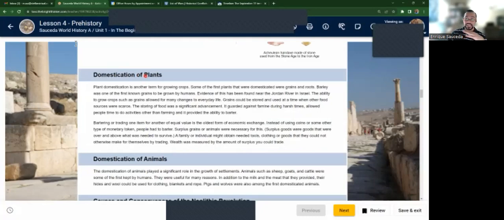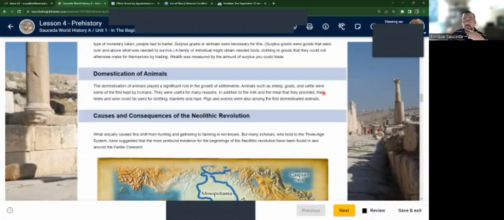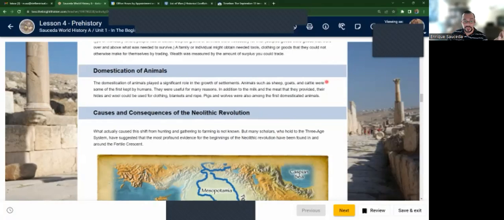Now that I have extra food, I can sell it. So in some instances, we have the birth and rise of economies and money, right? These surplus grains or animals were necessary for this. A family might need tools, so I'll trade you tools for cows. Wealth was then measured by how much surplus you could trade. As animals were domesticated, we now have another food source. So thank you for that.